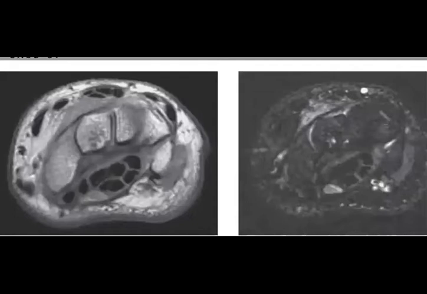So this is the level of the wrist, and when he gave you a picture like this, yeah, developmental dysplasia of the hip, the last case. So what about this case?